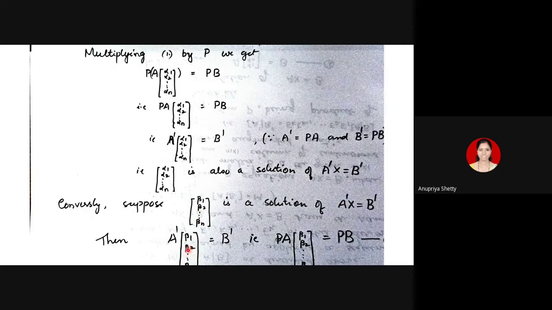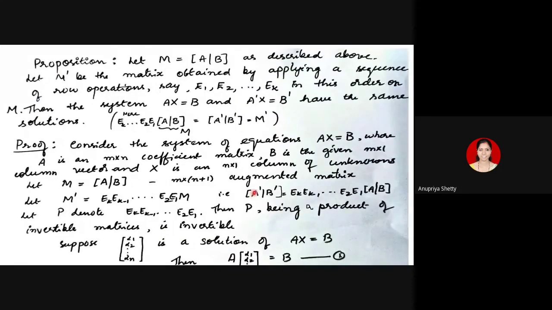Now, remember we are going backwards. So I should replace A dash with what A dash is. What is A dash? See here. A dash is the block which you get after multiplying A on the left by these matrices in this order. And B dash is the column which you get after multiplying B by these Ejs in this order.